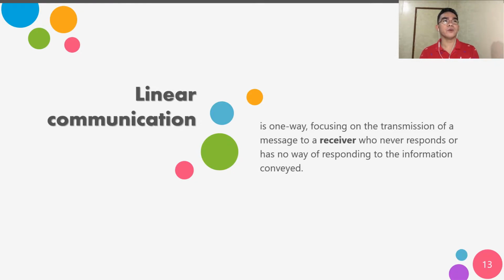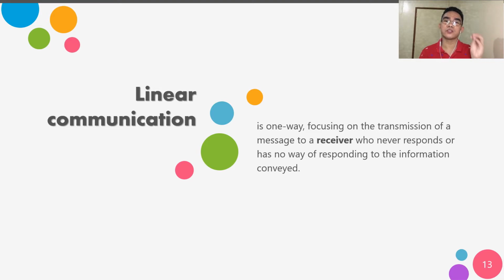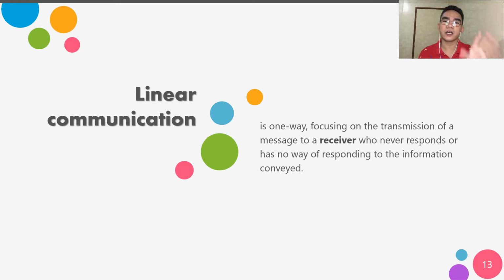Or for example, I am reading a book. The author wrote the book and expressed what he or she wanted to say to his audience, and the audience are the readers.